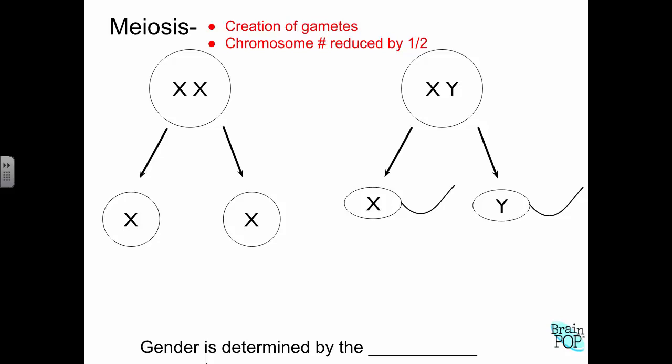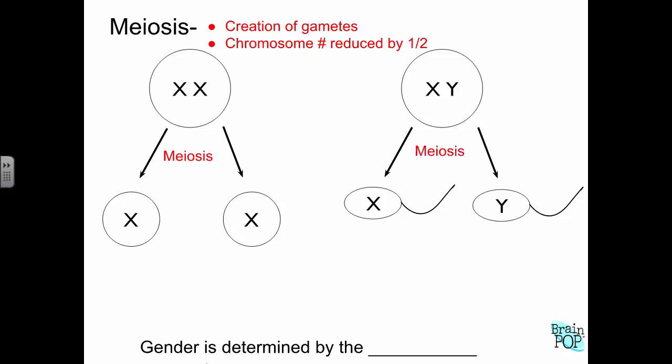Does that make sense to everybody? Because it reduces by half during meiosis. So a regular body cell has 46 chromosomes, and sex cells only have 23. And we'll talk about why in a second.